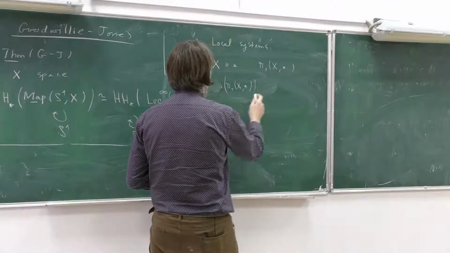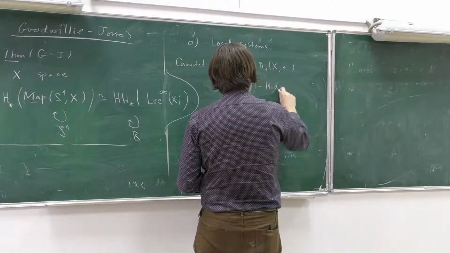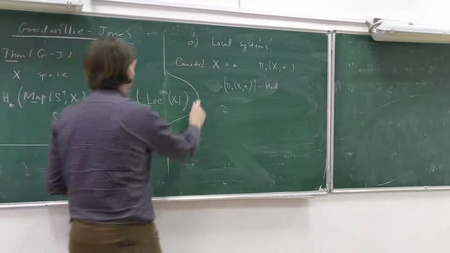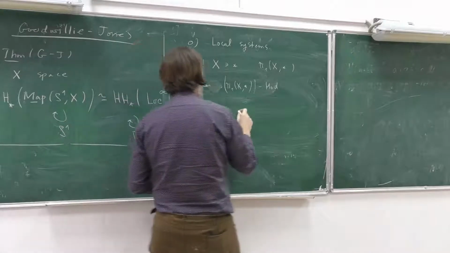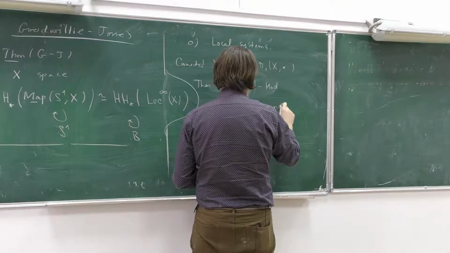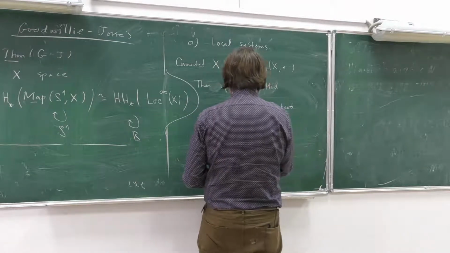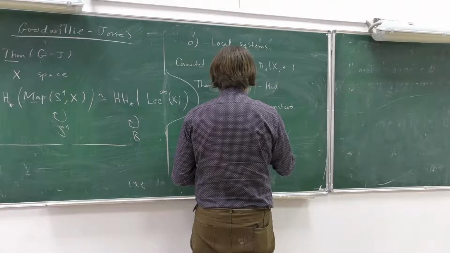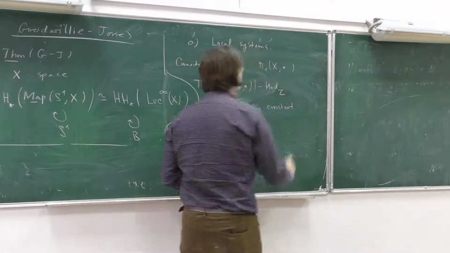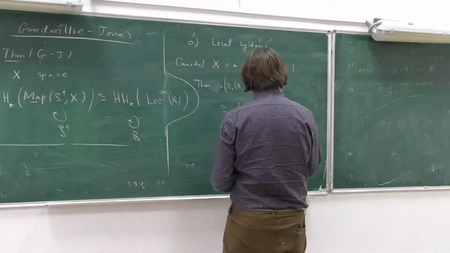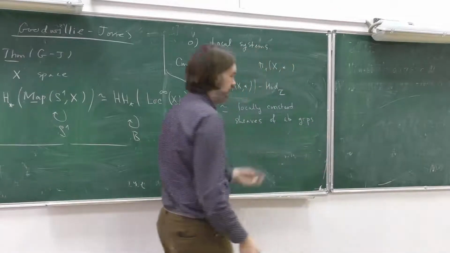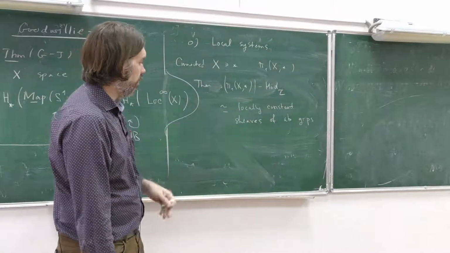I don't have to do field coefficients. So pi1 modules, and locally constant sheaves. So I can do this with any coefficients, but let's suppose we did it over the integers. Then this would be locally constant sheaves of abelian groups. If I had some ground ring, commutative ring K, it would be K modules.